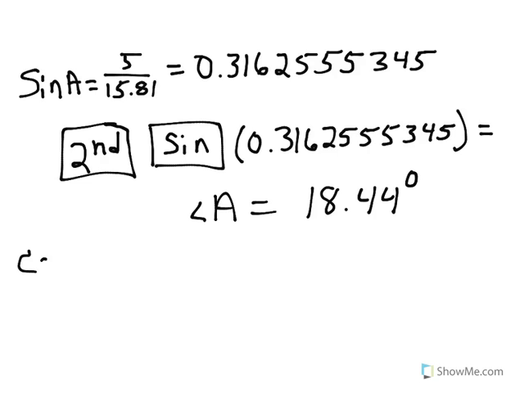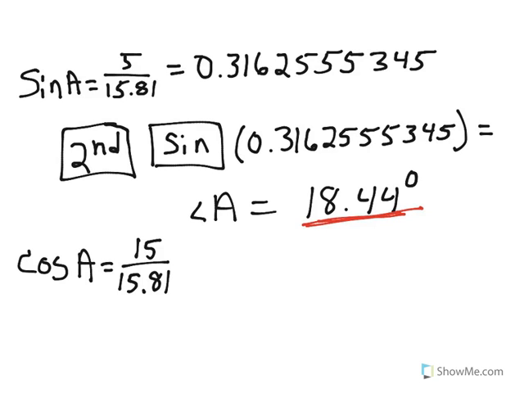We will do the same with the cosine and the tangent. The cosine in the previous example of angle A was 15 divided by 15.81. Using the cosine, we should get the same value for angle A, because in this particular triangle, angle A can only be one measurement.